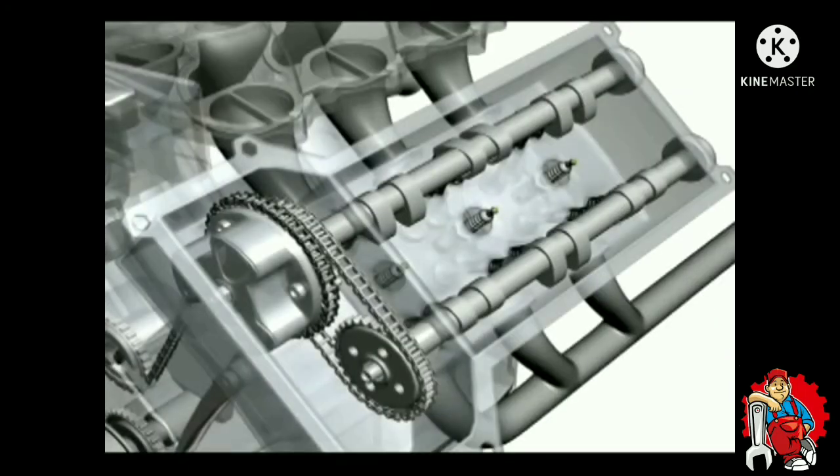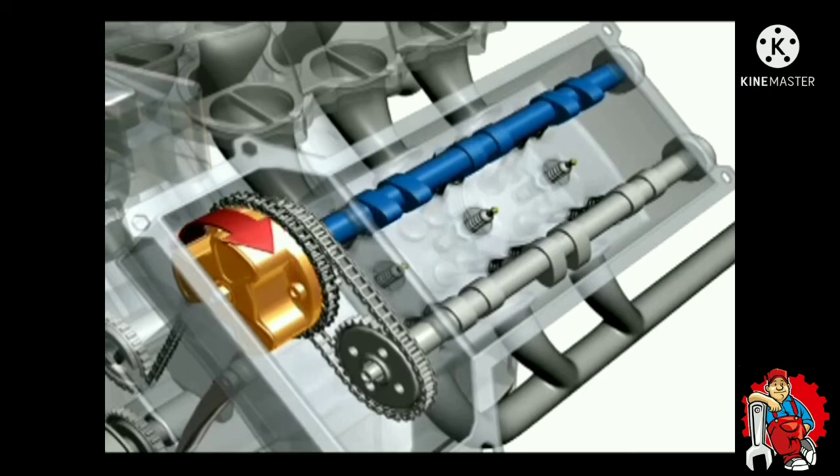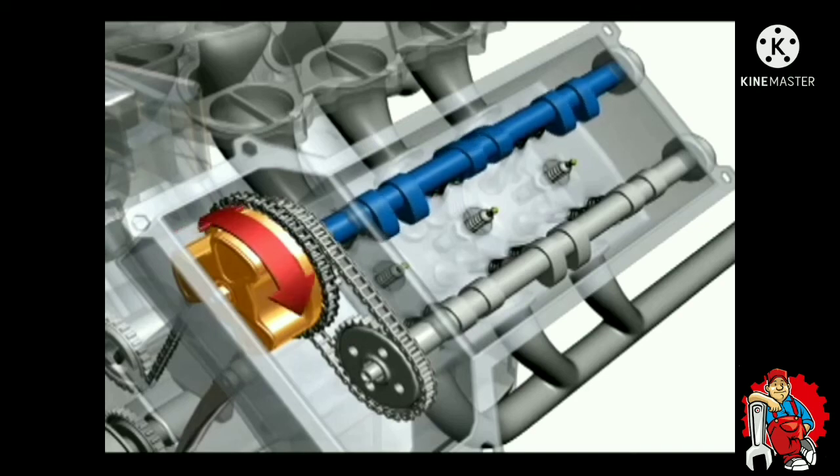Variable valve timing with intelligence, or VVT-i, is one reason why Toyota cars and trucks develop horsepower and torque across a broad RPM range or power band. A computerized system changes the intake valve timing to optimize the engine's breathing depending on the conditions.